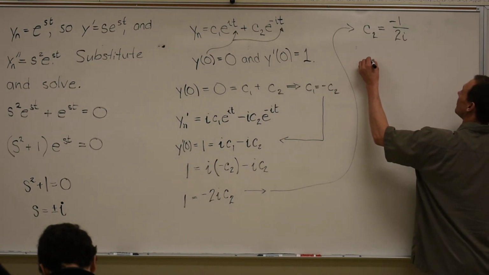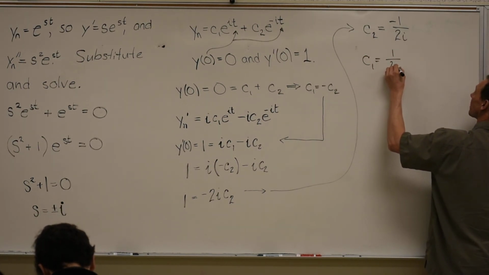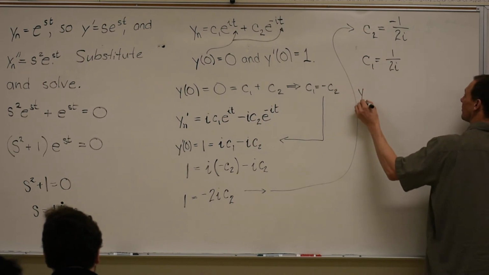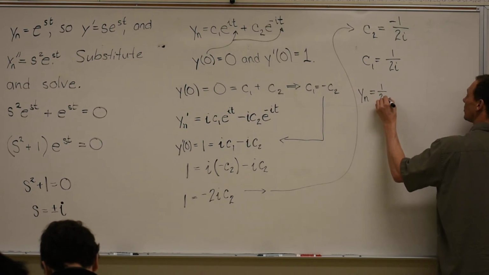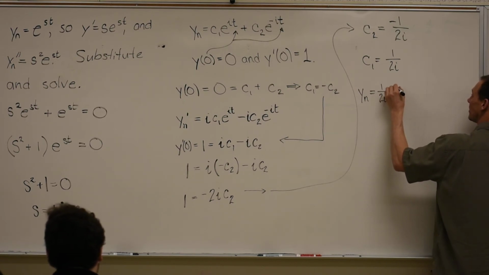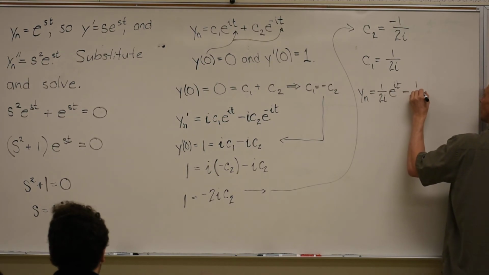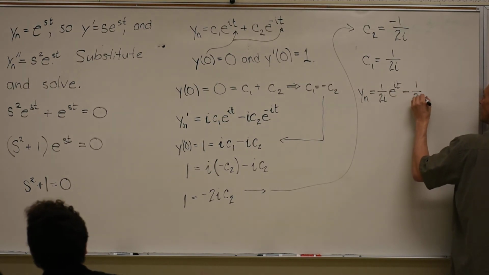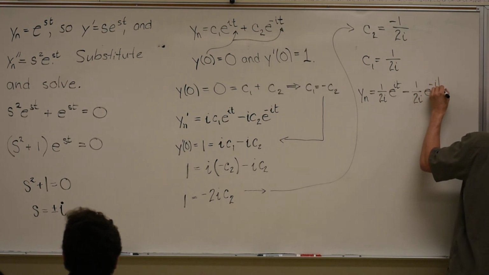So C1 equals 1 over 2i. We can write our null solution as 1 over 2i e to the i t minus 1 over 2i e to the minus i t.